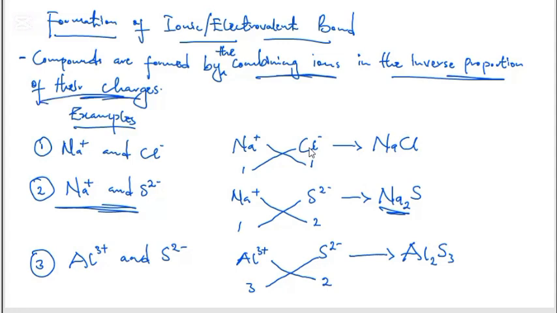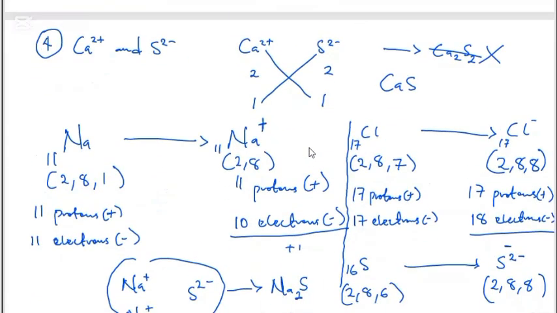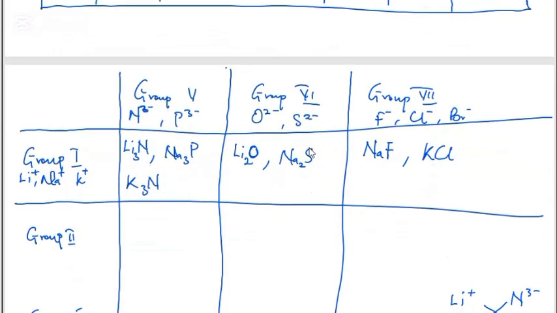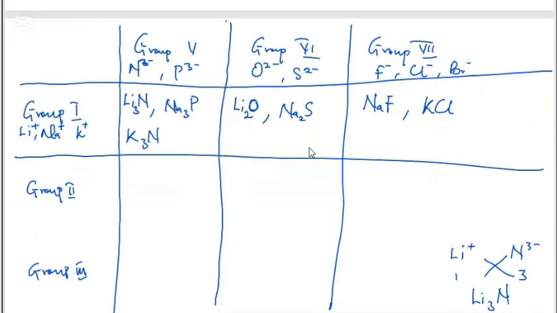So we looked at the combination of sodium and chlorine, sodium and sulfur, and aluminium and sulfur. Then lastly, for that, we look at various combinations from group 1 to group 3 against group 5 to group 7, and I told you to complete this table.